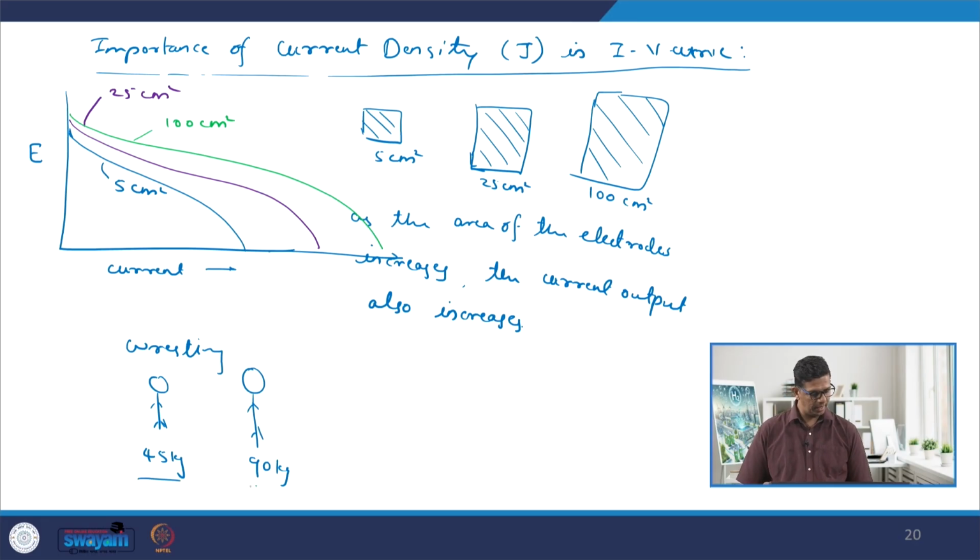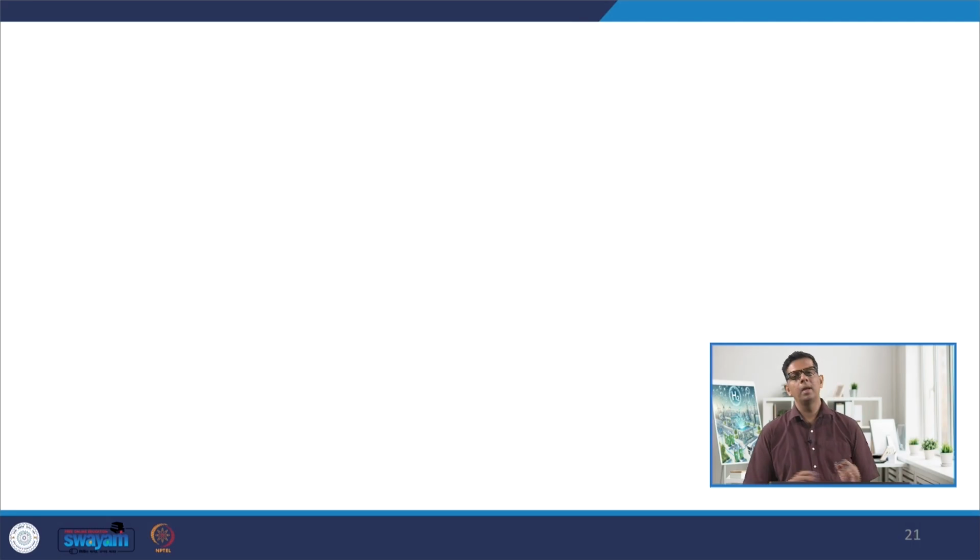In order to normalize their performances, they have been categorized with respect to weight categories. Similarly, in order to have a fair comparison between fuel cells of different sizes, or to compare them on different materials, they are normalized with respect to the area of the cell.